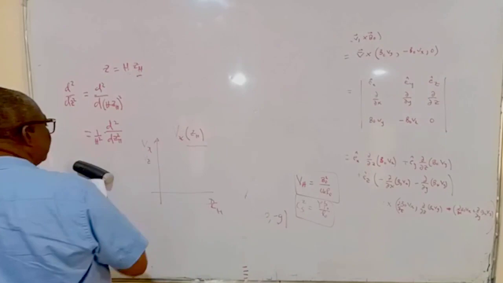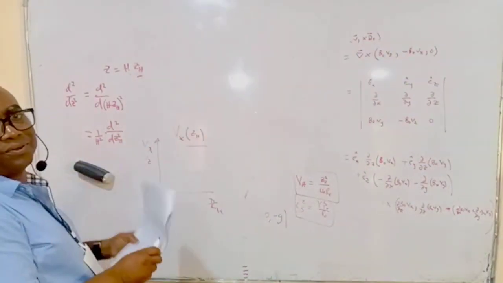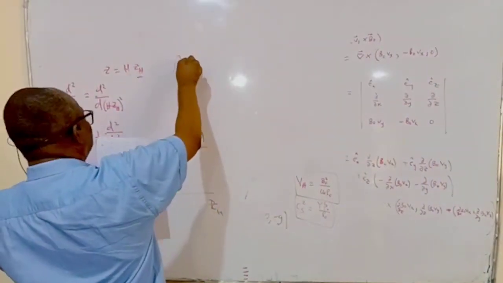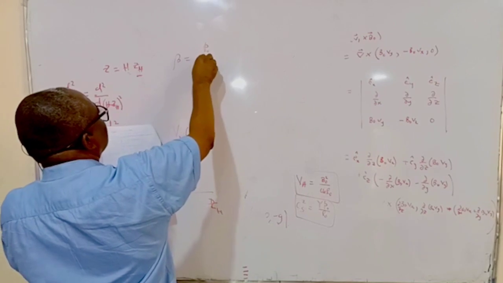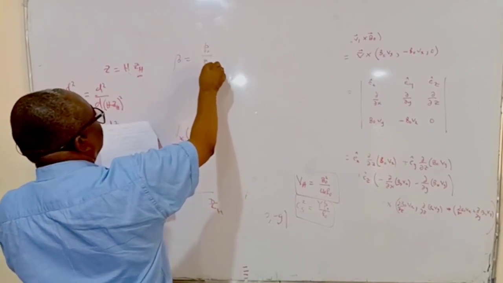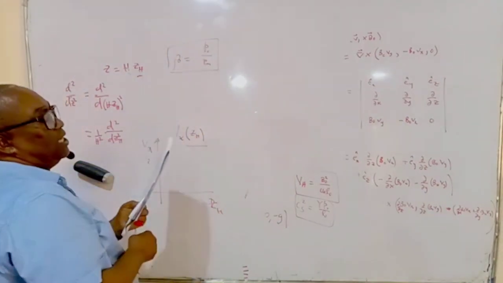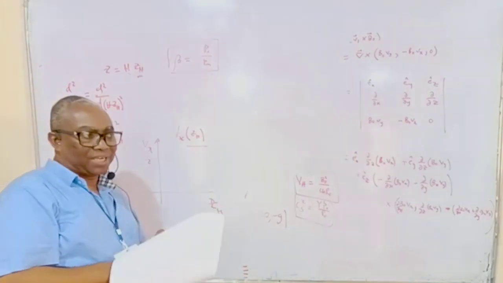Now, we are looking at beta. Our beta was defined as P naught over PM, that is the gas pressure over magnetic pressure.